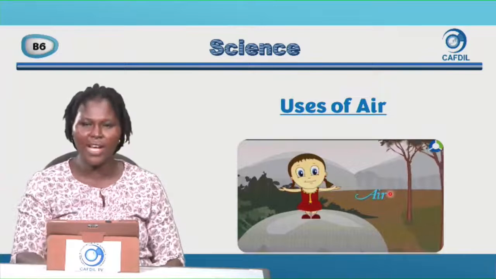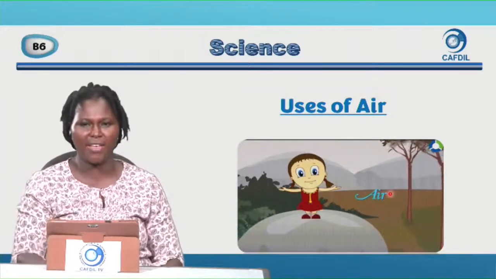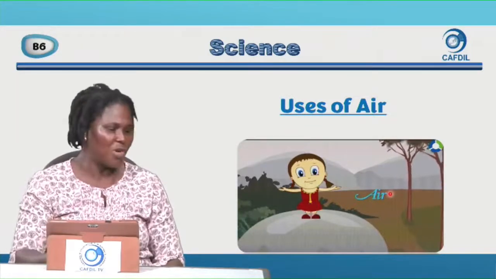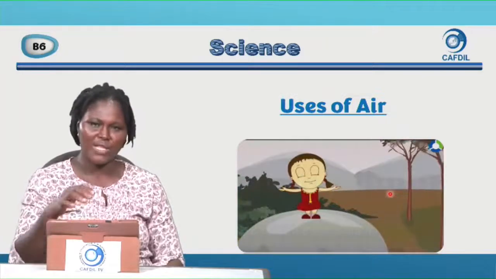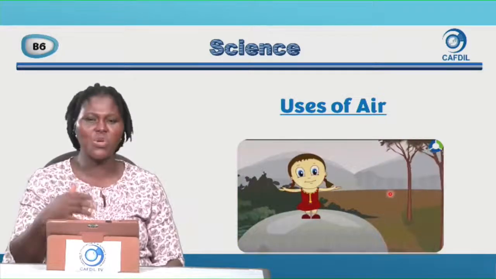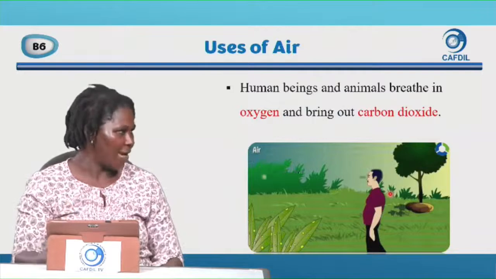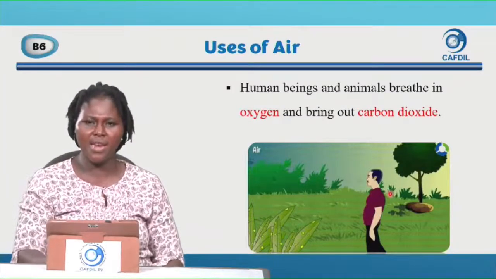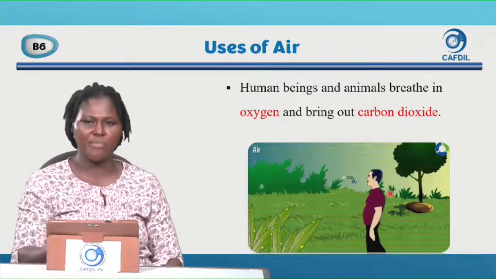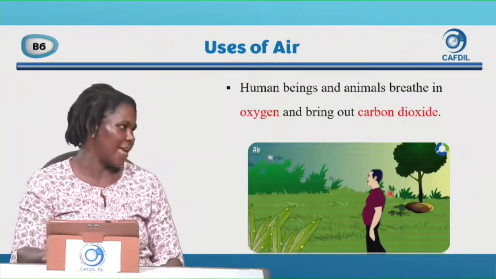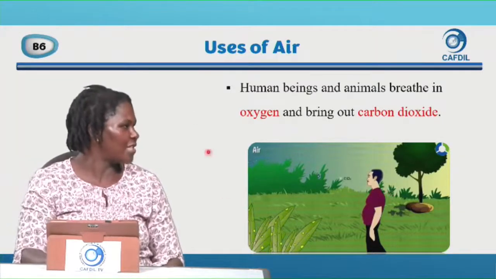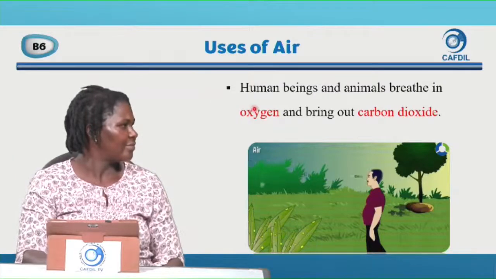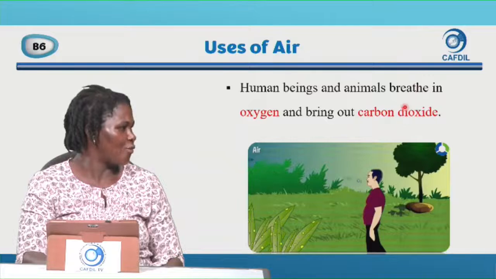Now we are coming to look at uses of air. What do we use air for? The air around us. What do we use it for? 1. Human beings and animals breathe in oxygen and bring out carbon dioxide. So oxygen and carbon dioxide, they are the components of air.